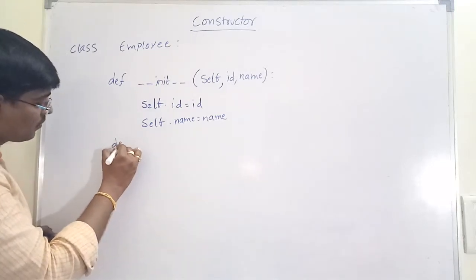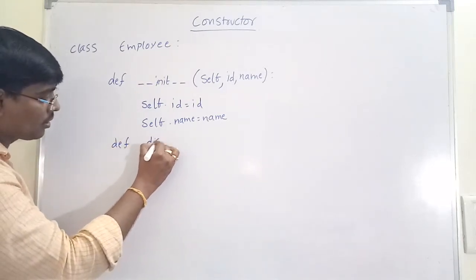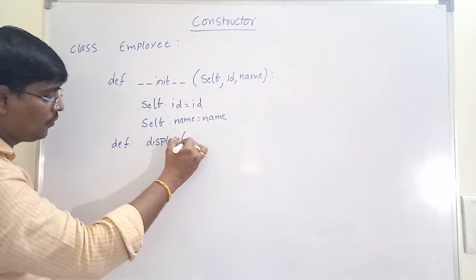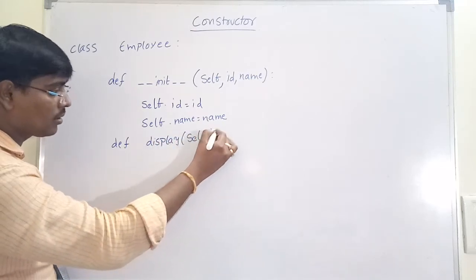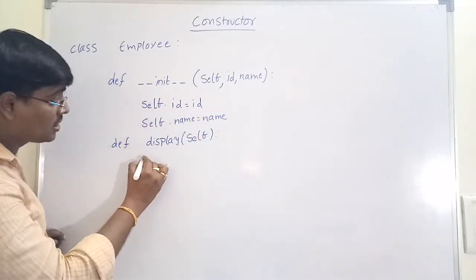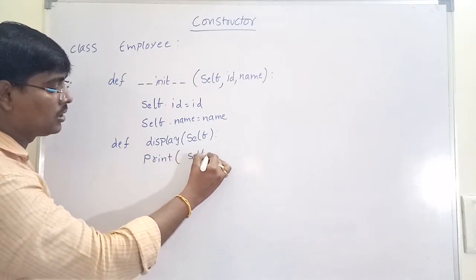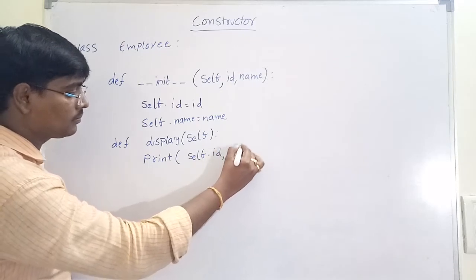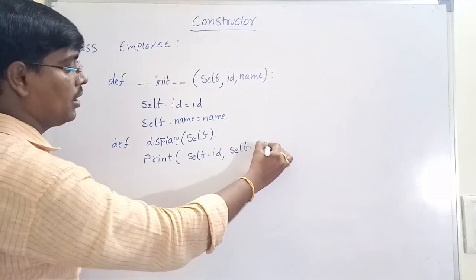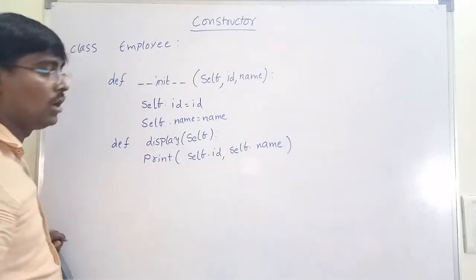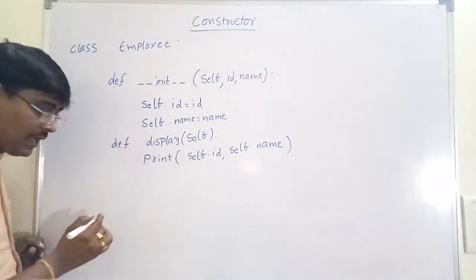Suppose I define a function, def display(self): print(self.id, self.name). I am displaying the 2 arguments. Now create an object.